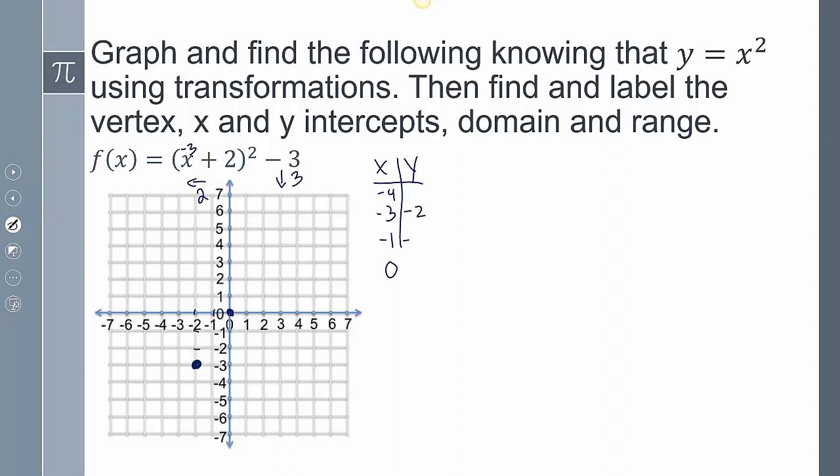Well, that's going to be the same value here, so these are going to be -2. And then if I plug in 0, I get 2 squared, which is 4. 4 minus 3 is 1. So these are both going to be 1. And so my parabola is going to look like this.